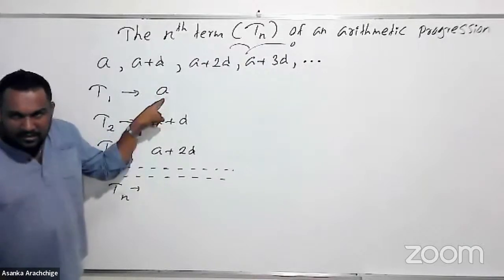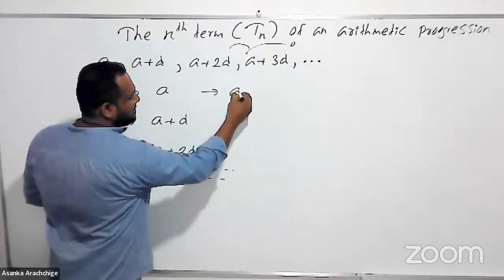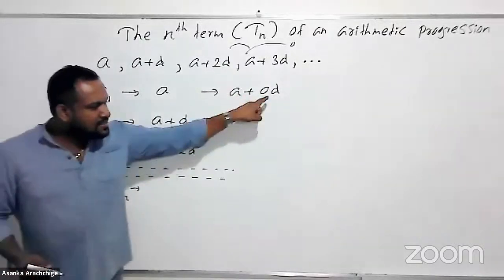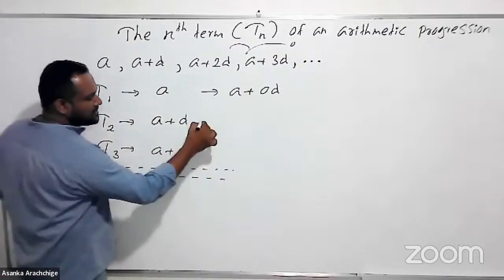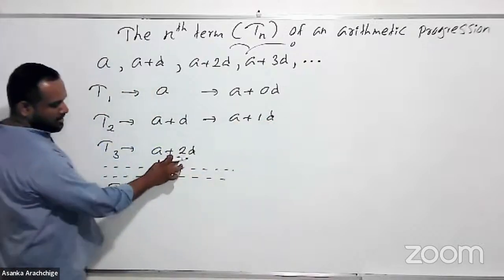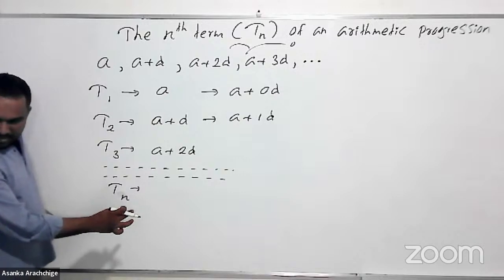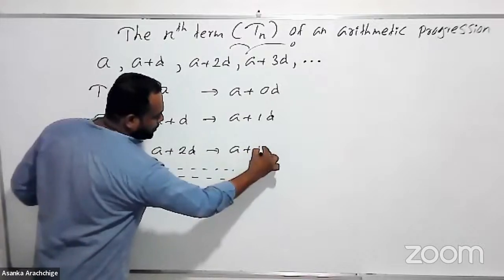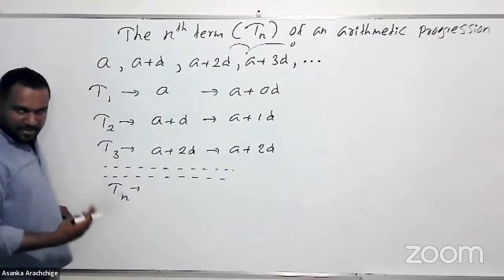I write like this: A plus 0D. What is 0D? 0. A plus 0 is A. So this can be written as A plus 1D, A plus 2D, A plus 3D in that manner, and A plus 4D, and many more to come.